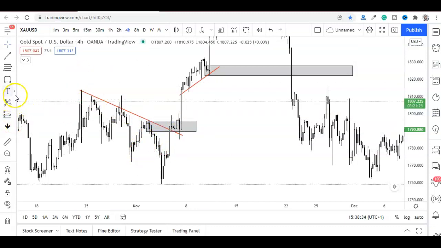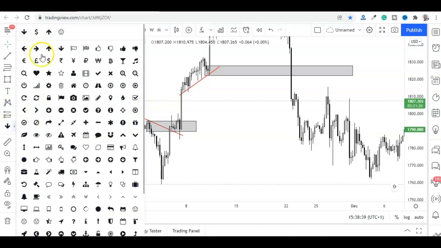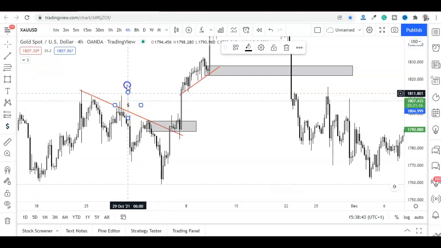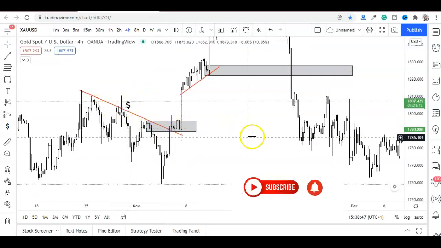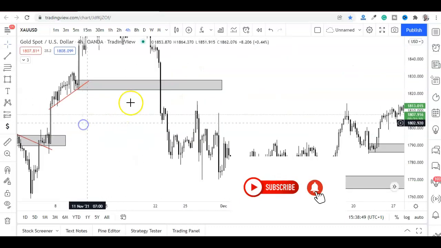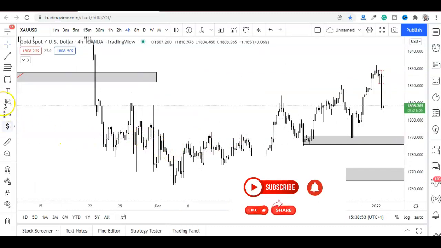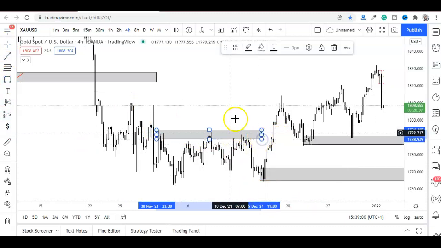There is tons of money in this area, a lot of money seated there. It's not only trend lines, you can also see support and resistance areas, those are liquidity pools.